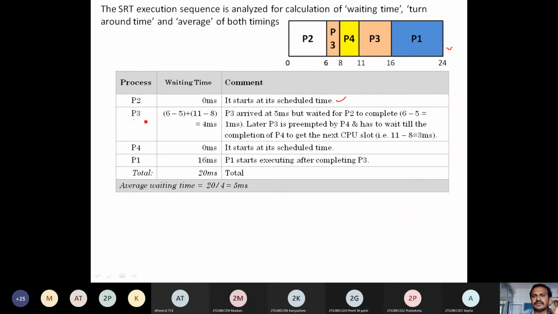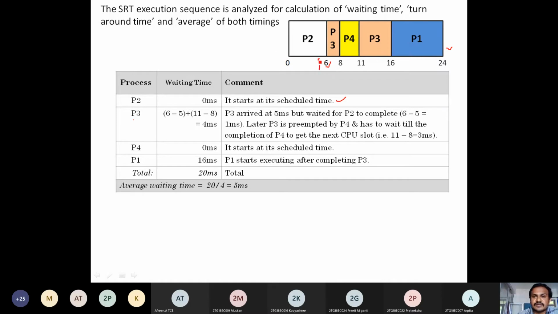What about P3? P3 has a waiting time because it comes into execution 2 times. P3 started its execution at the 6th millisecond, as you can observe in the image. But according to the problem statement, it arrived at the 5th millisecond.